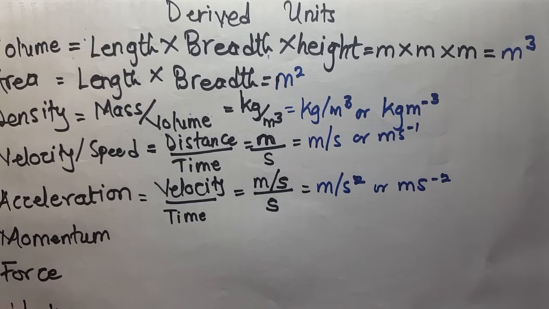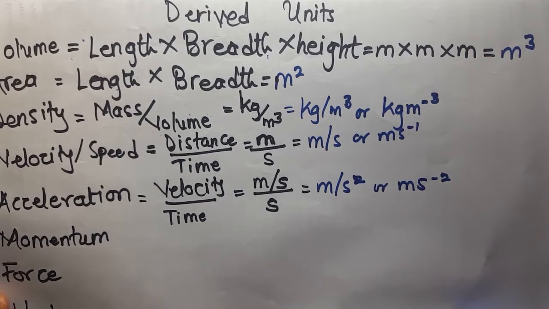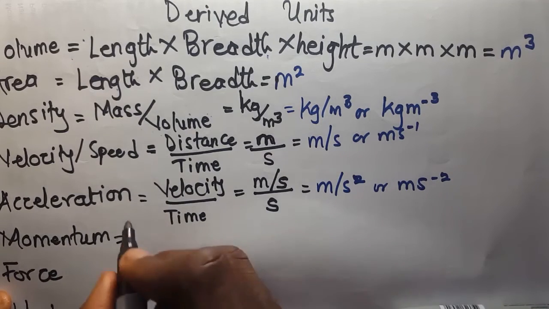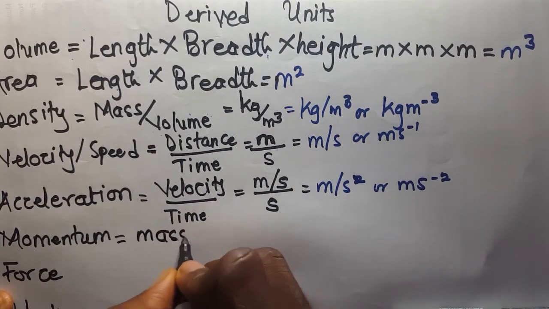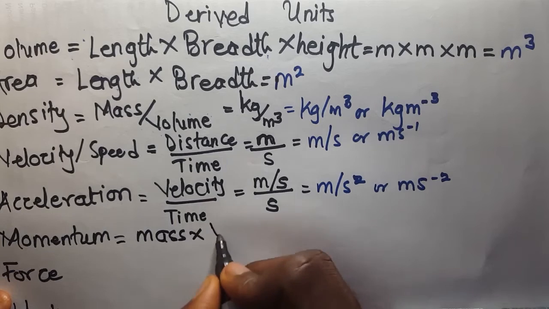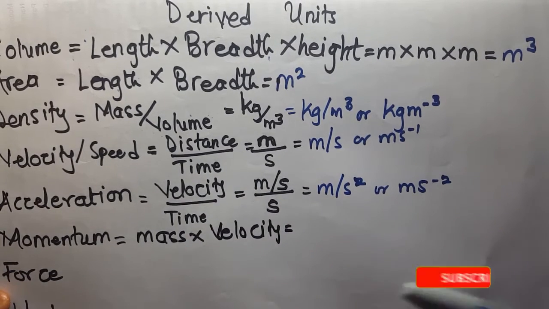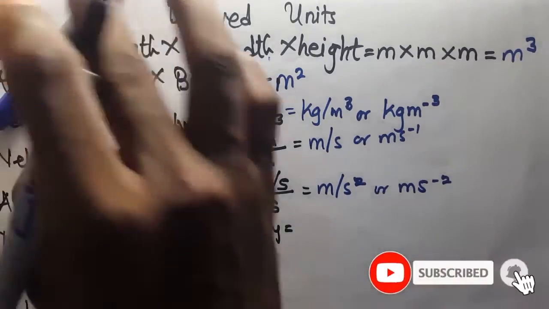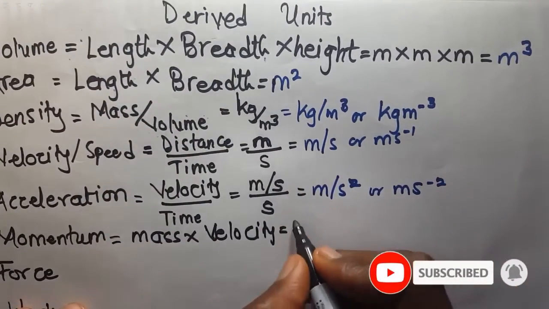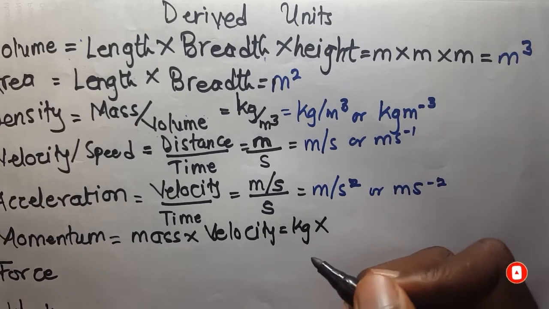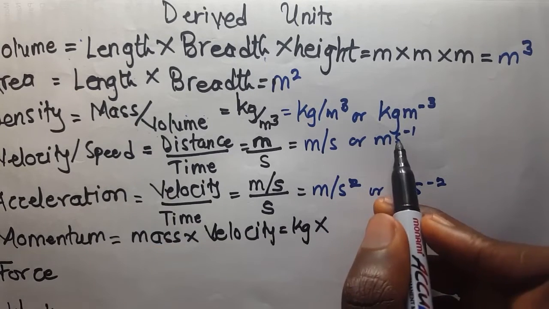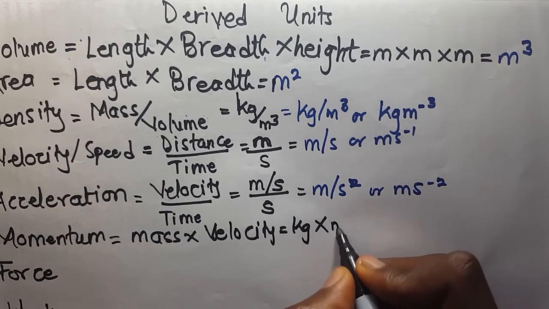So let's continue. The next one we have is momentum. Now the formula for momentum is mass times velocity. By now I believe you are comfortable with how to generate the unit. Mass times velocity equals, the unit for mass is kilogram, times velocity, which is meter per second, so m slash s.